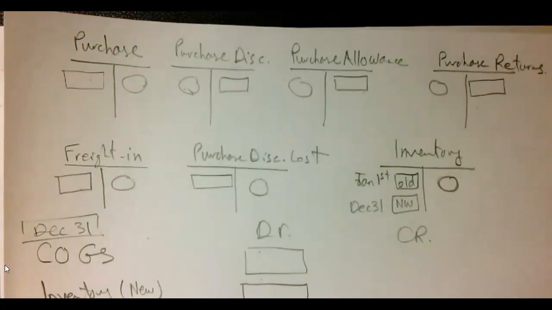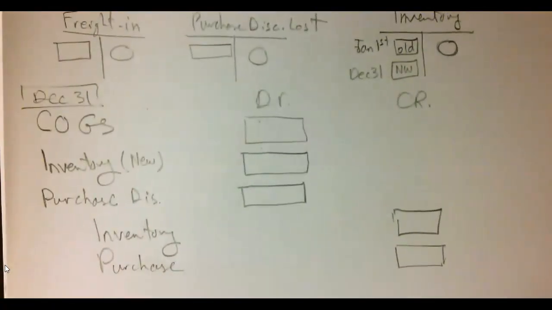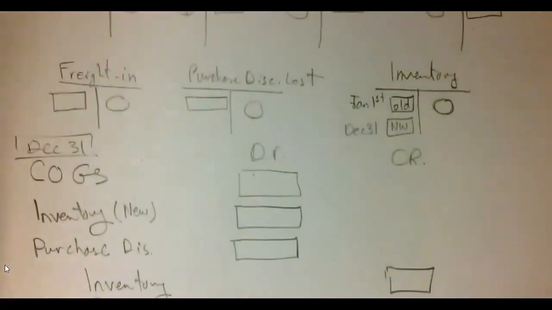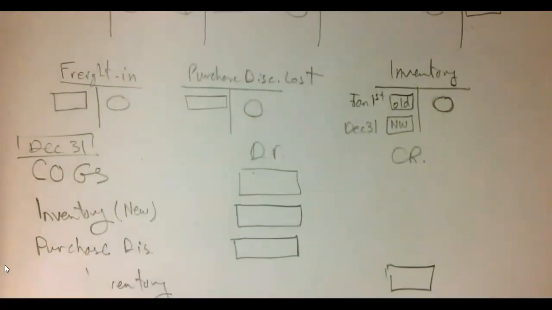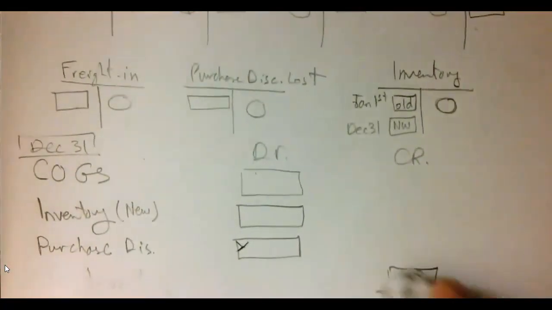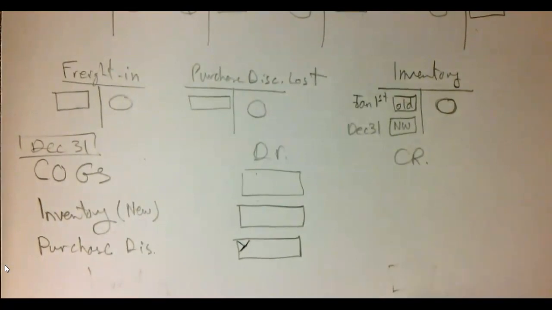Okay, so I'm gonna erase this and bring those stuff a little bit down here, so we can have some room, because remember in accounting we have to do debit first, credit last, right?